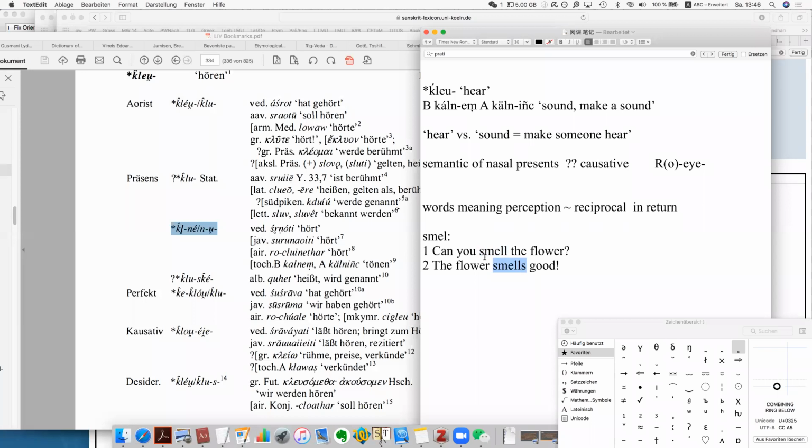So can you smell the flower means that you get the, so what is the meaning of smell the flower? It means that you capture, so actually you capture the odor of the flower, right?